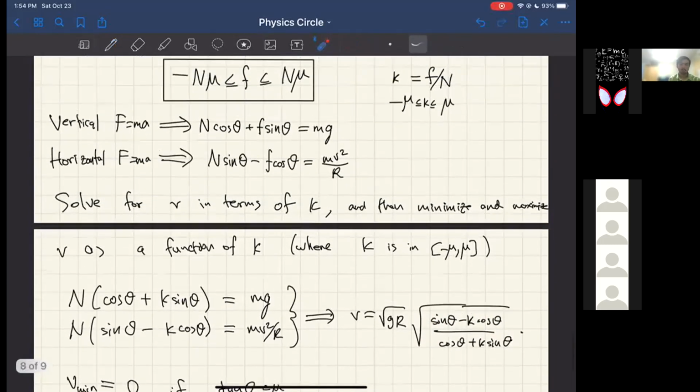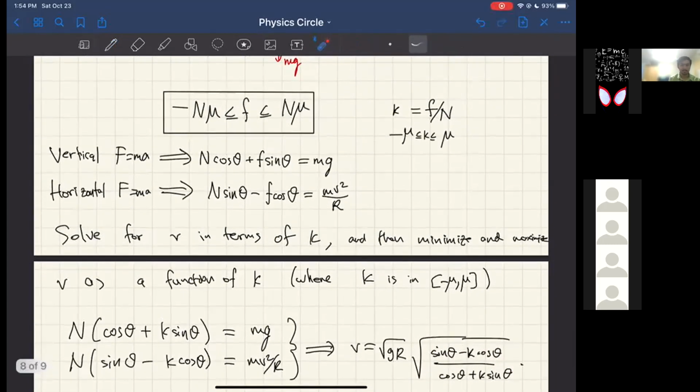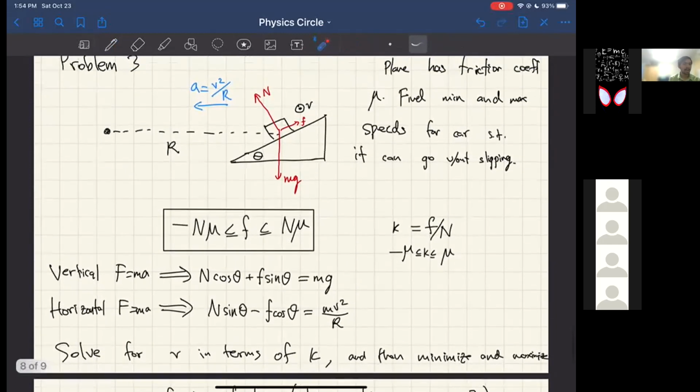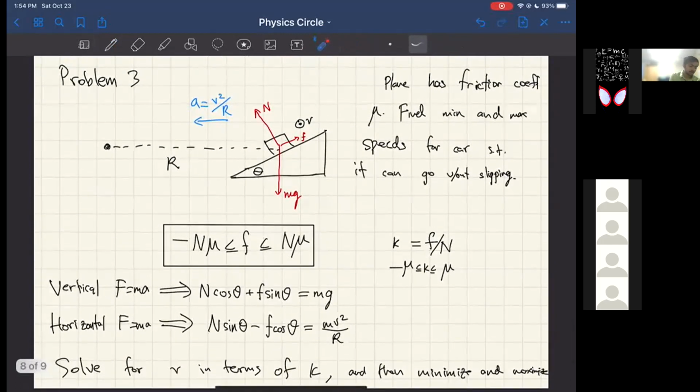And actually, what we're seeing in that case is that in the minimum speed case, the friction is actually equal to n mu, pointing all the way up the plane. So you could say, hey, in fact, if you had written f equals n mu pointing up the plane, and you solved it, you would have got the correct minimum speed. But that was purely luck.